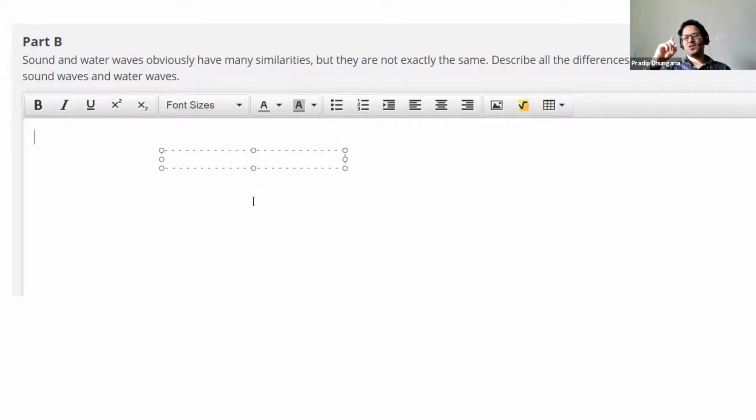You can just tell me one key difference. We have talked about it in our lesson. Think in terms of particle vibration in the medium. Are they parallel to the wave or perpendicular to the wave? You can think in that way.